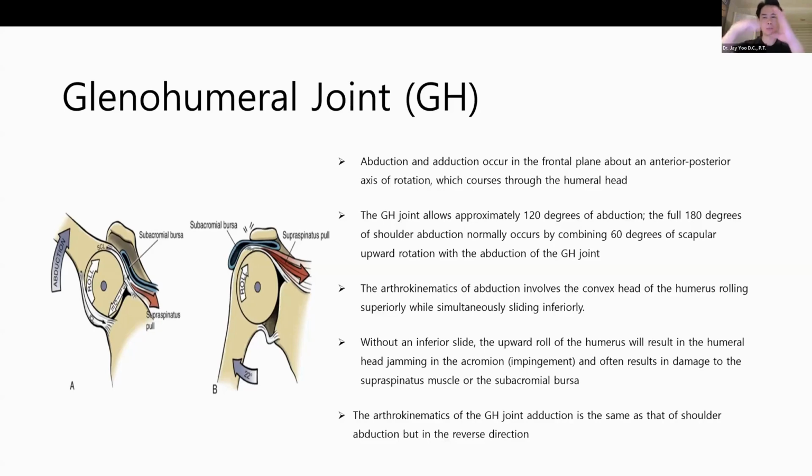Without this inferior slide, the upward roll of the humerus will result in the humeral head jamming into the acromion. We call this impingement syndrome. The often result is damage to the supraspinatus muscle or the subacromial bursa.